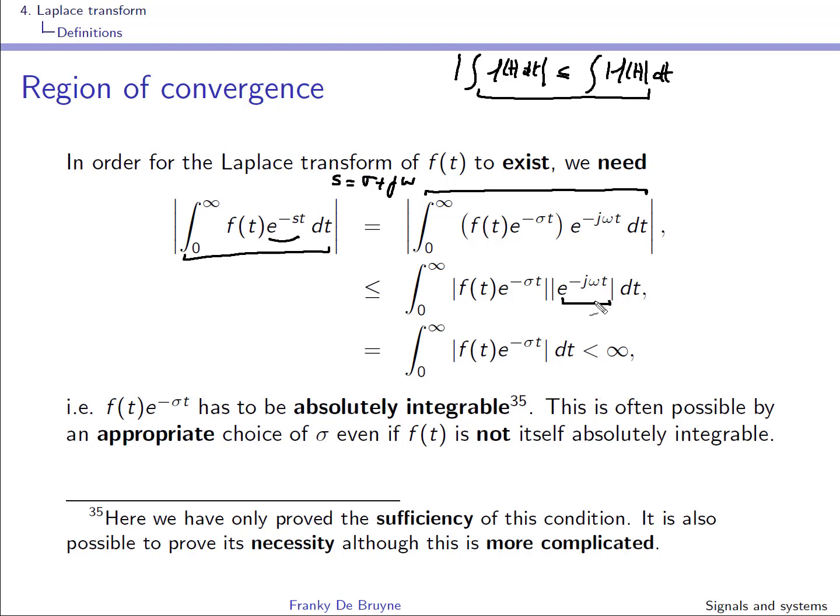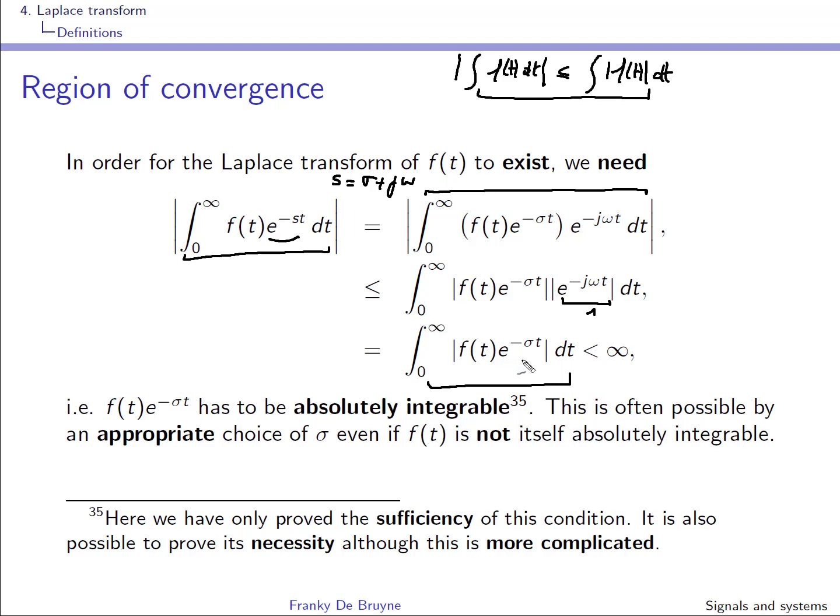Here we have a complex number under polar form, and the modulus is 1. So we obtain that this here is an upper bound of this, and if this quantity is bounded, obviously this quantity will be bounded also, and the Laplace transform will exist.